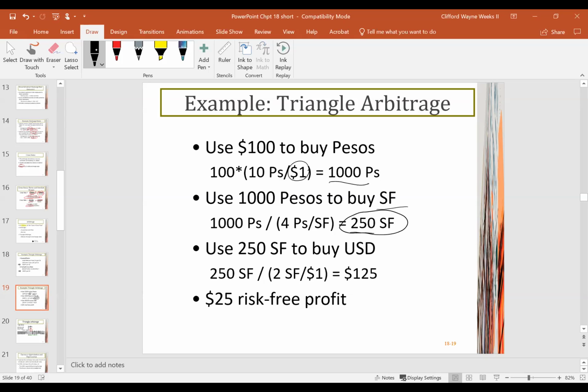We're going to take those 250 Swiss francs and convert them into US dollars, and we end up with $125. We basically made $25 risk-free just by using the concept of arbitrage and the foreign currency exchange rates.